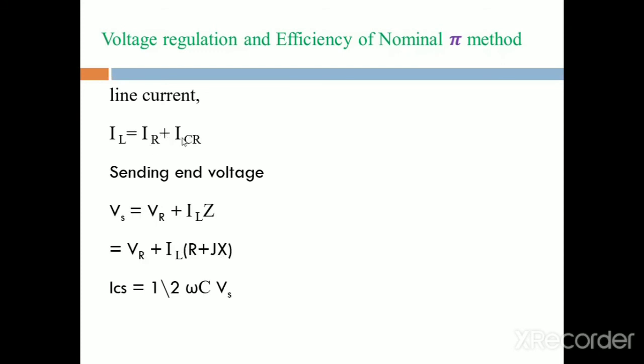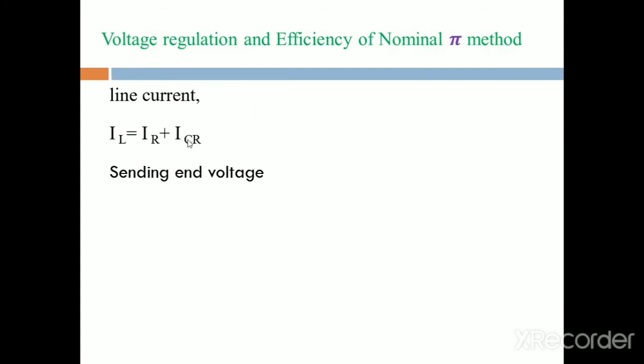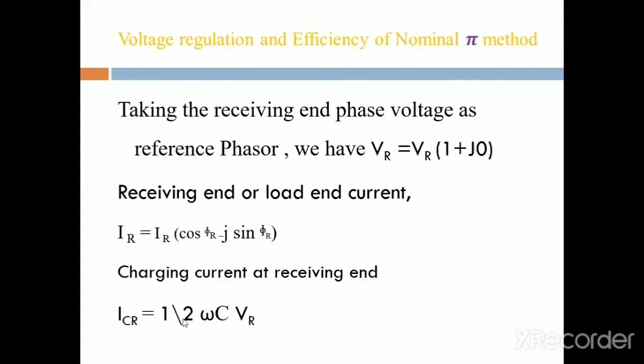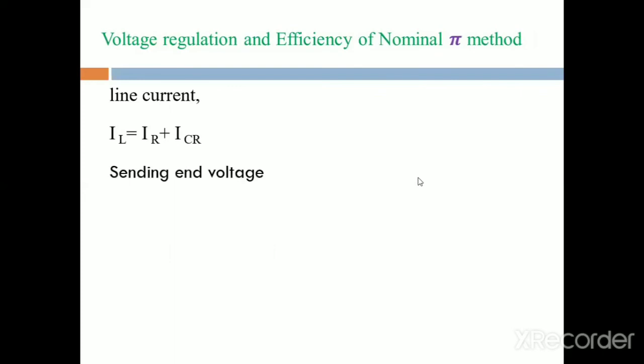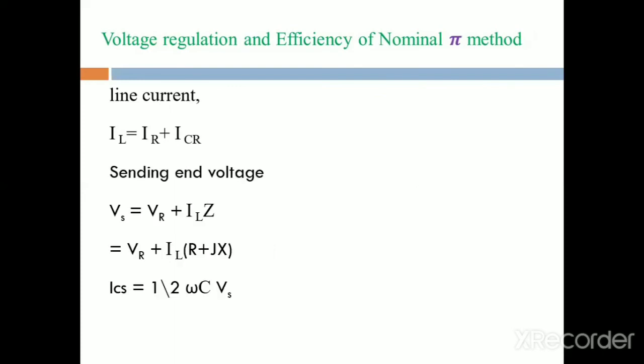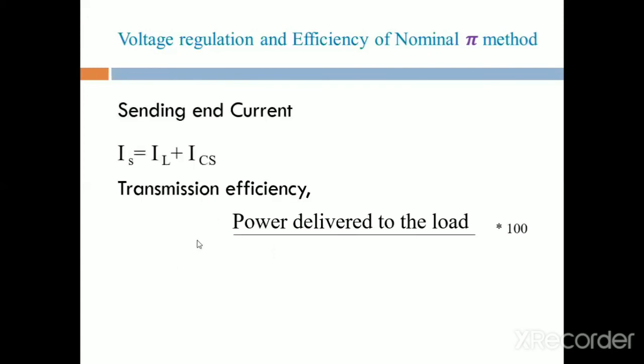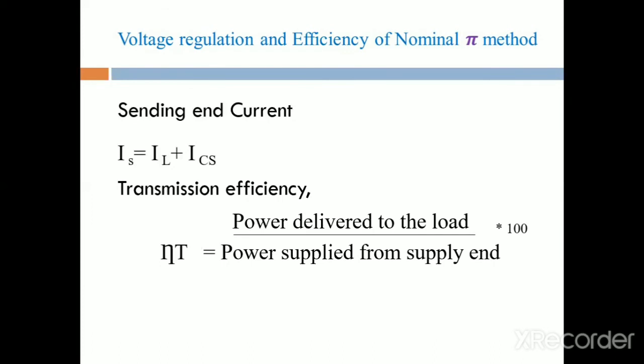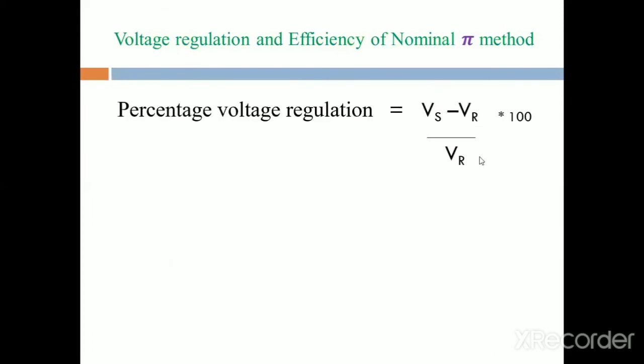In that equation, ICR is equal to 1 by 2 omega C VR. VR is equal to VR into 1 plus j0. That is the formula for Vs. Then substitute this in Vs minus Vr by Vr into 100. That is the formula for the voltage regulation in the case of a nominal pi method.